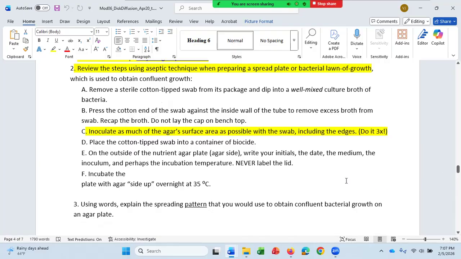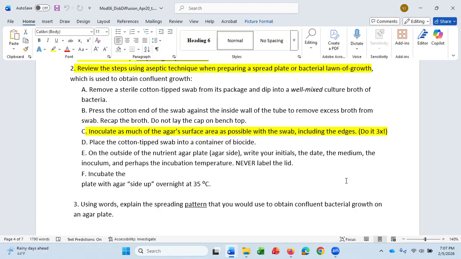You then cover the plate and write your initials on it. After you put the paper disc with the antibiotic on, you put the plate in the incubator no longer than 15 minutes after you put the paper disc on.